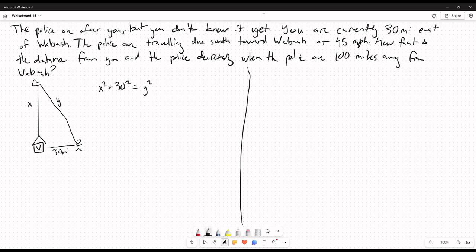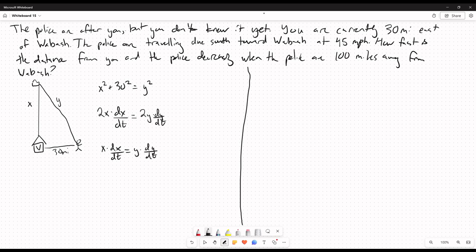The derivative here is going to be 2x times dx/dt, because we have to think about a little chain rule, because everything's a function of t. 30 squared is just a constant, so I'll just leave that as an equal sign. And the derivative of y squared is going to be 2y times dy/dt. You can actually simplify this a little bit. We'll just get x times dx/dt equals y times dy/dt.